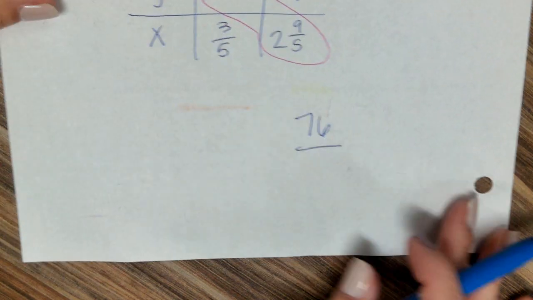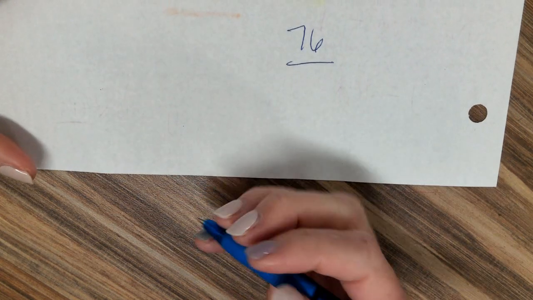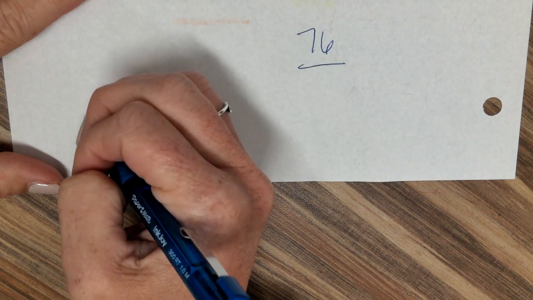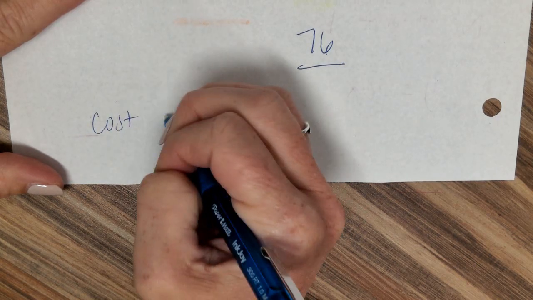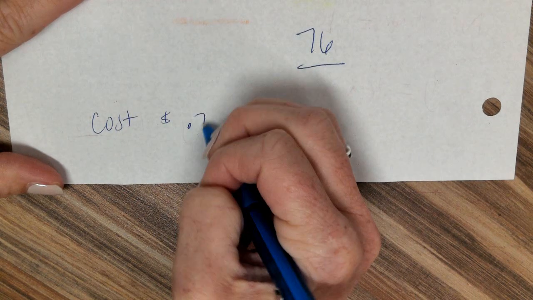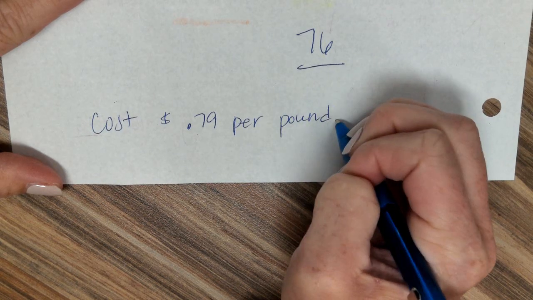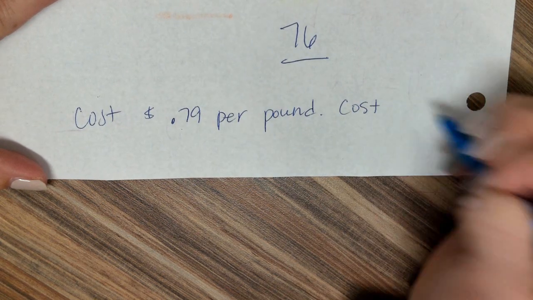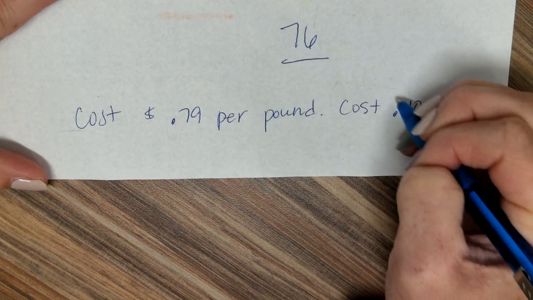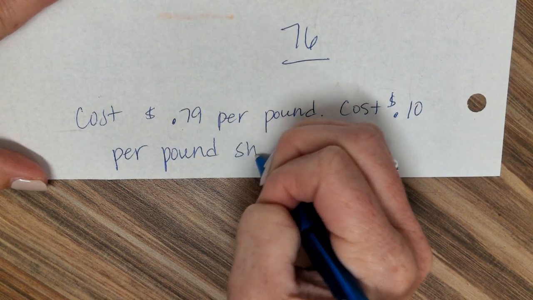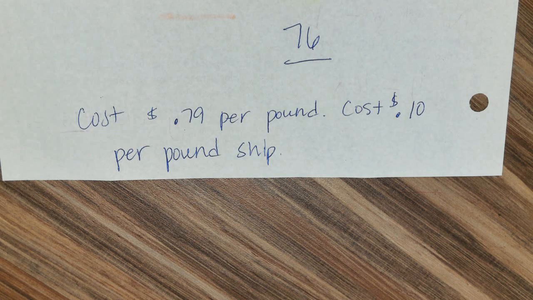If I say that I'm selling bananas, and they cost, I don't know how much bananas cost, 79 cents per pound. And then I say it costs 10 cents per pound to ship them. Would this be proportional or non-proportional?